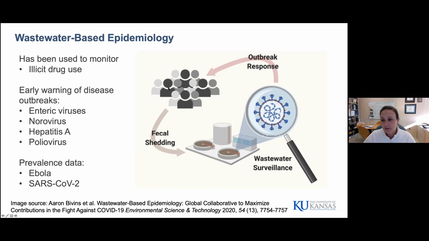In the past, wastewater has been used to track illicit drug use in the same fashion. Like, you want to understand how prevalent drug use is, you can look for how much of that drug is in the wastewater. That's not as common in the United States. It's been proven to be useful in certain arenas.